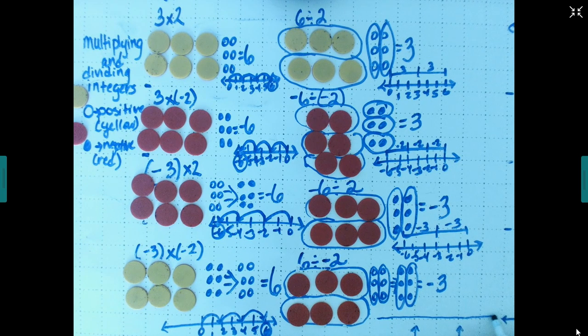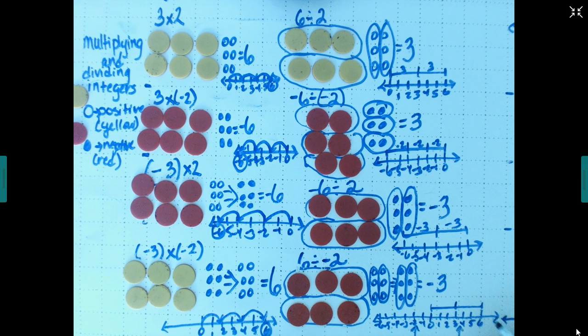Okay, so let's put that on a number line. 0 here, 1, 2, 3, 4, 5, 6. Negative 1, negative 2, negative 3, negative 4, negative 5, negative 6. Okay, so what this is saying is we have 6, and when we want the opposite of 2 groups, so let's start here.